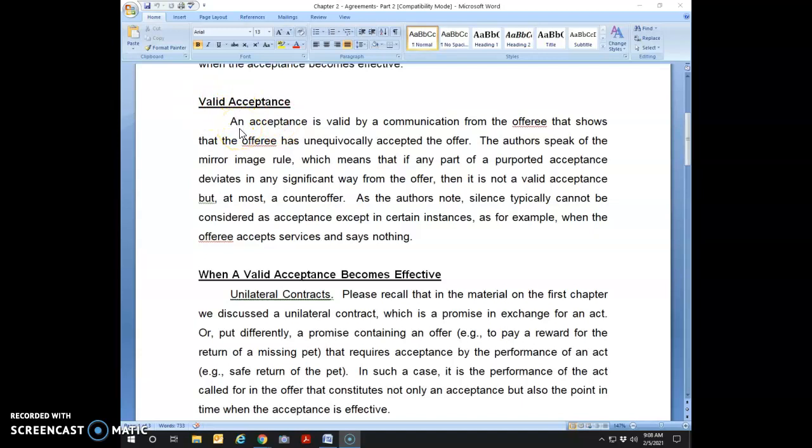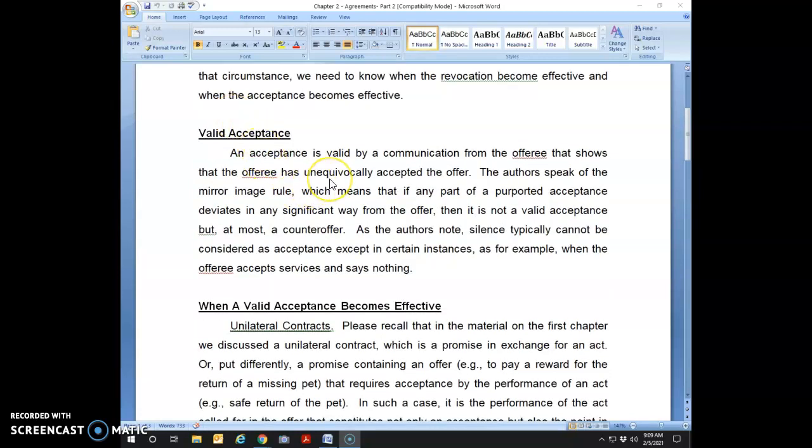In effect, it's a question of fact that has to be answered, and the question would be, has there been a communication from the offeree that reveals or shows that the offeree has unequivocally, which I think could be understood as leaving no doubt, accepted the offer.